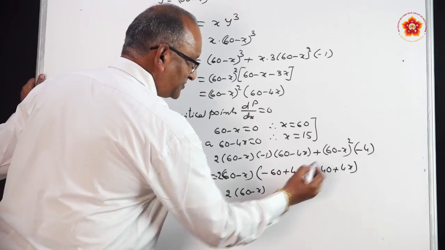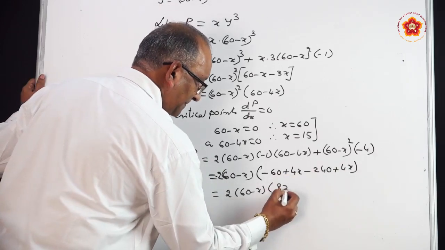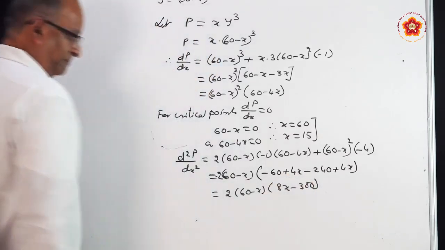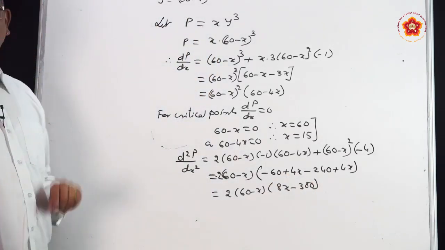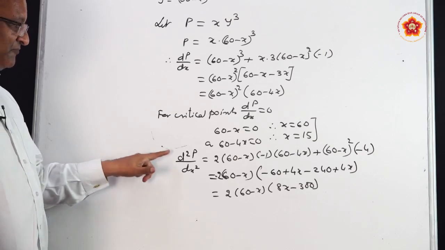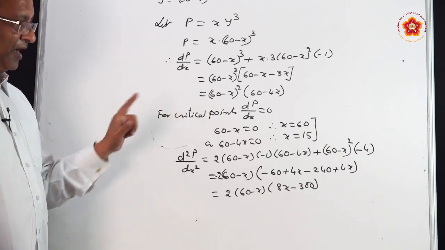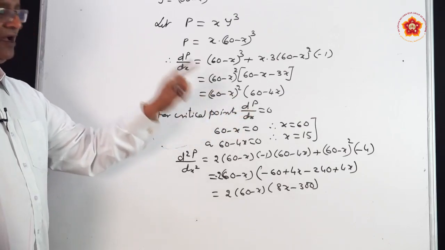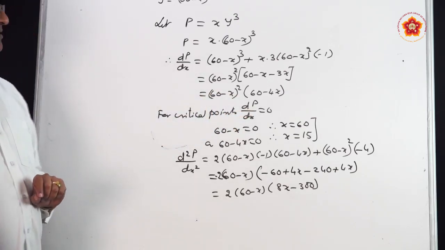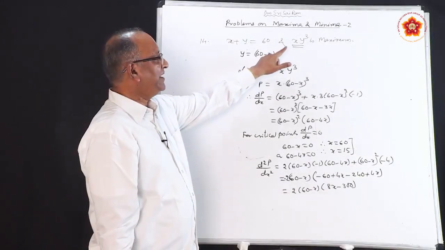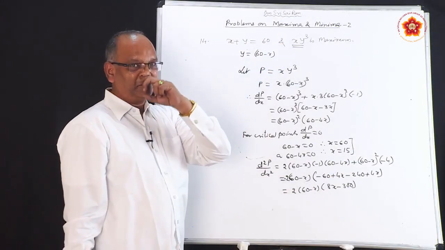Simplify this, 4x plus 4x is 8x minus 300. Now, we are interested to know whether this second derivative is positive or negative at x equal to 60 and at x equal to 15. Our question is x plus y is 60, x y cube is maximum.